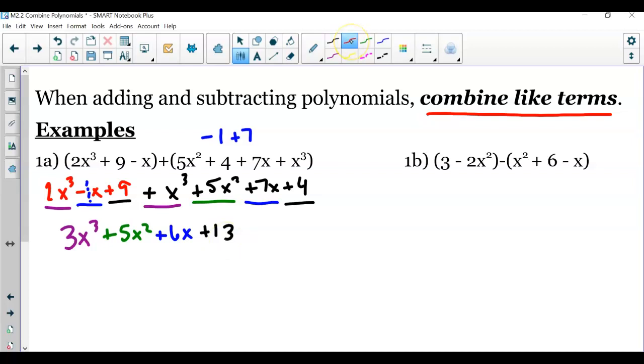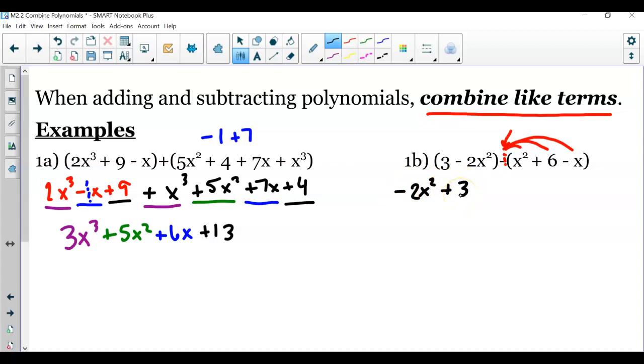Now 1b, notice we are subtracting. So we do have that negative, or if you were to think about it, a negative 1. Just like when we were combining our complex numbers, we need to make sure to first distribute that negative 1 to every term. I'm going to also rewrite it so it's in standard form. Our first polynomial, or binomial actually, is negative 2x squared plus 3.